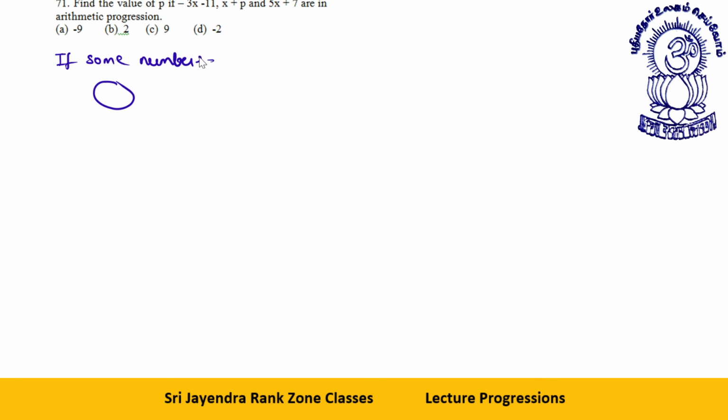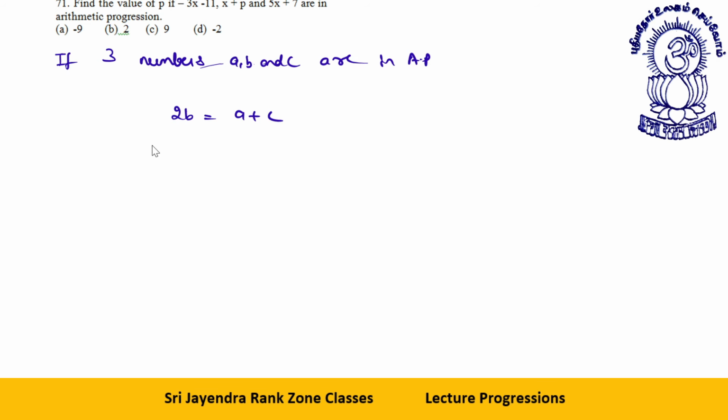If A, B, C are in AP, then what happens? The middle term twice is equal to the sum of first and last term.